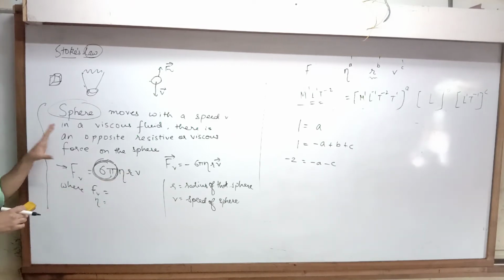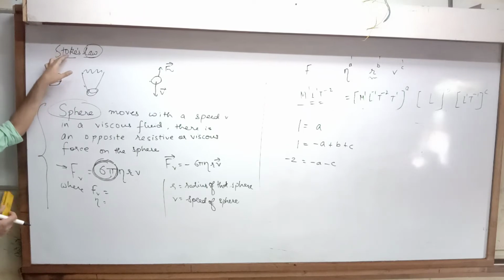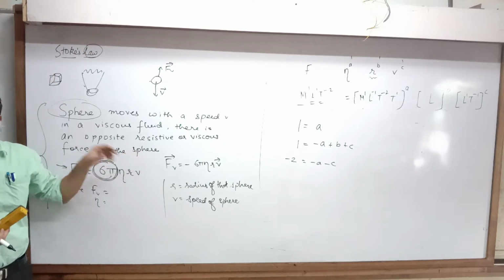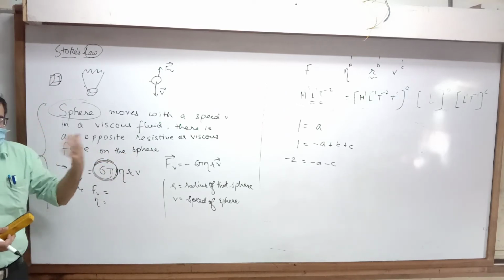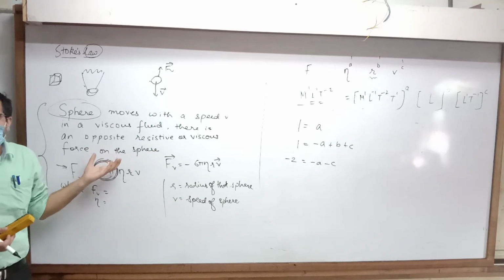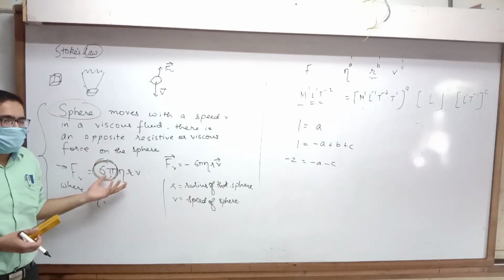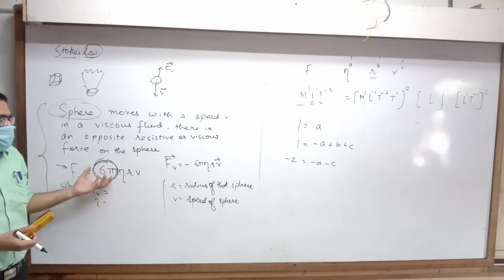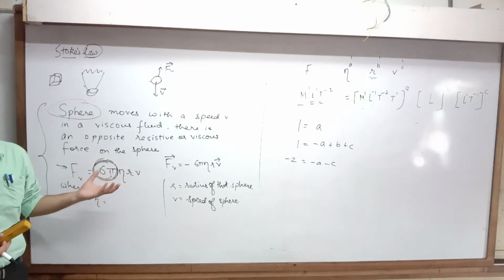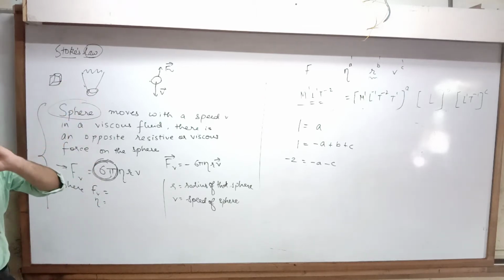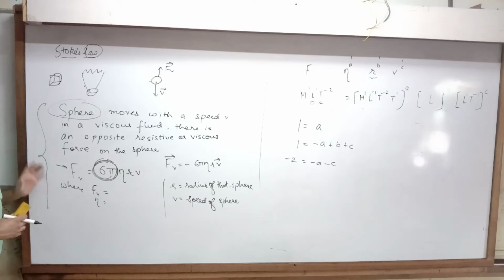This Stokes' law was found by Stokes, that's why it's called Stokes' law. It is only valid for a sphere; for different shapes the relation would be different, but this is one of the simplest versions of such a force. That's about it right now. Based on this we are going to derive terminal velocity.